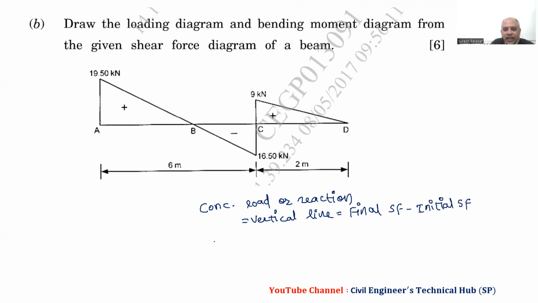And if we have a linear line, then we have a UDL, which is equal to the final shear force minus the initial shear force upon the span, and then we can find the values.